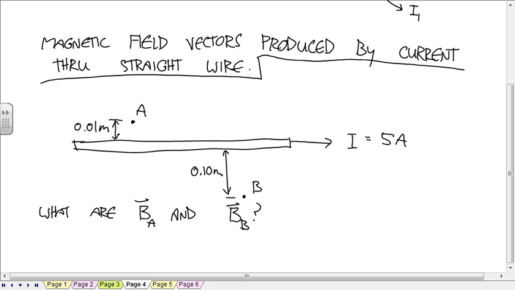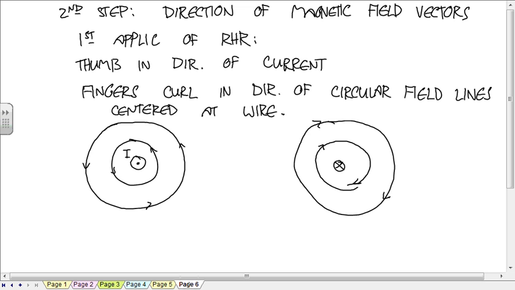And so the magnetic field vectors, remember, are tangent to these field lines at every point. So on this one, at this point, the magnetic field vector would point this way. Here it would point this way. Here it would point this way. Here it would point this way, right?